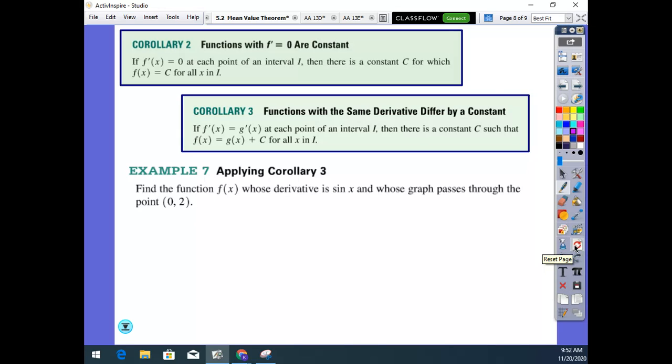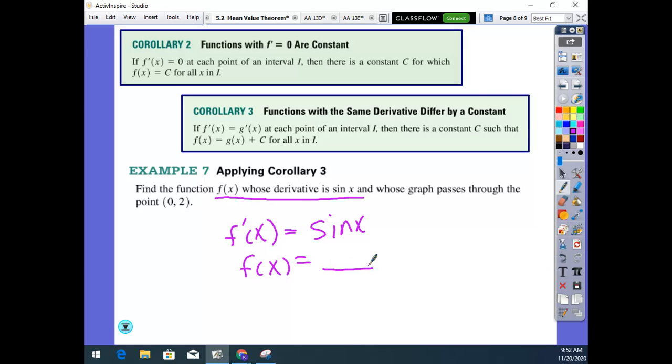All right. So what we're going to do, it says find the function f of x whose derivative is sine. So if the derivative was sine, going backwards, what did I take the derivative of to get sine? The derivative of what is positive sine?